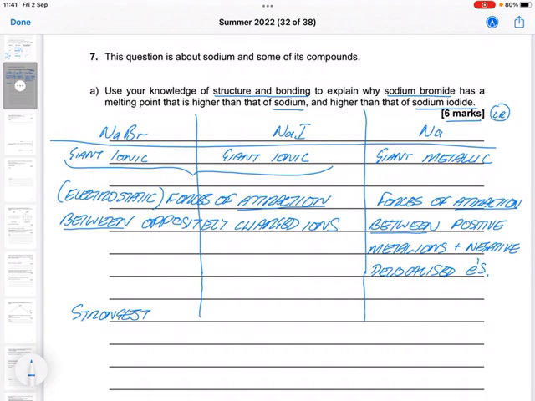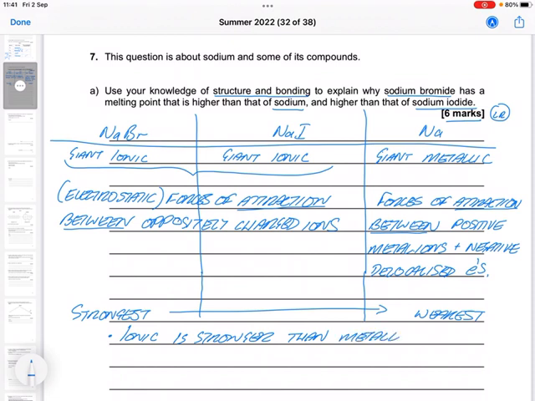So let's state strongest, and then we can do weakest over here when we compare these along here. So let's just make a statement here that ionic is stronger than metallic.